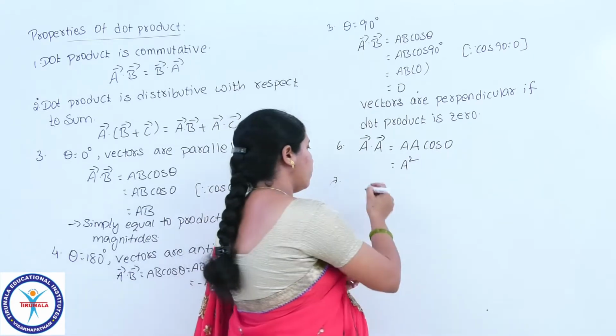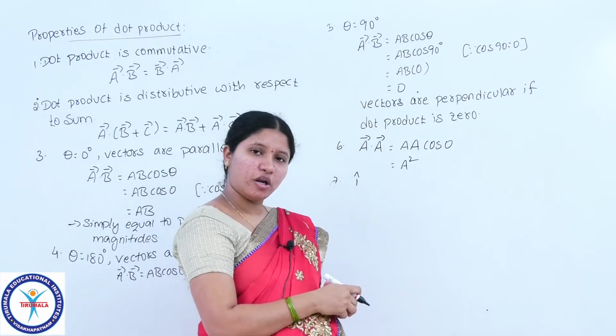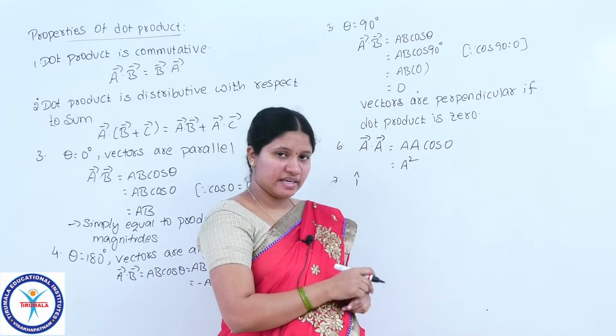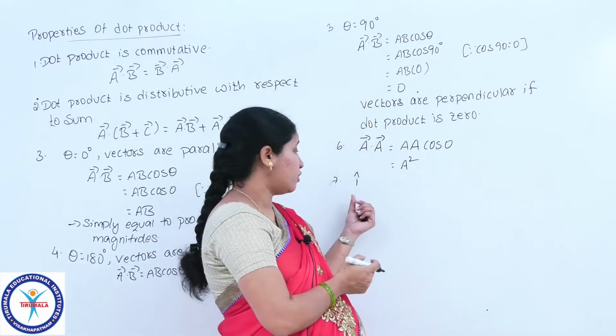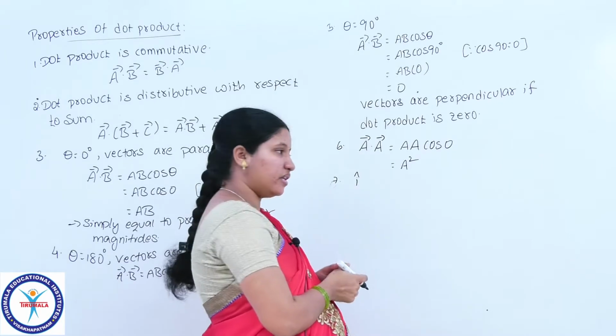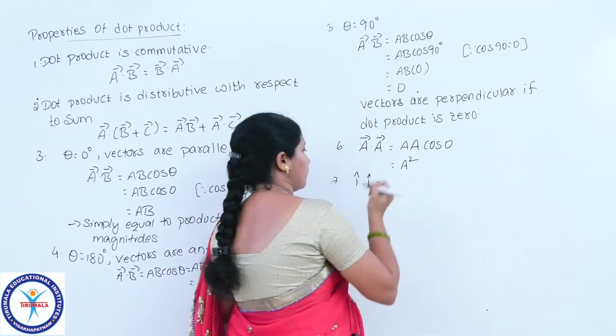We already know that i cap is the unit vector along the x axis, j cap is the unit vector along the y axis and k cap is the unit vector along the z axis. Now I am considering i cap dot i cap.